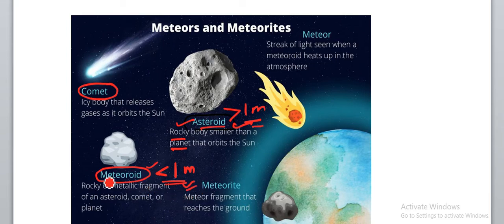Now there are three terms: meteoroid, meteor, and meteorite. Sometimes these meteoroids enter into the earth atmosphere and, due to the friction, they start burning, and this burning meteoroid is called as meteor. It is also called as shooting star.